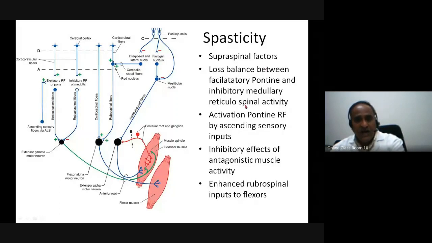Now we have activation of the pontine reticular formation, which I have already mentioned, and inhibitory effects on the antagonist group of muscles. These will have a reciprocal inhibition. Enhanced rubrospinal activity comes to the flexor group, and when this flexor group is activated, the extensor group is inhibited. So that's another component there.